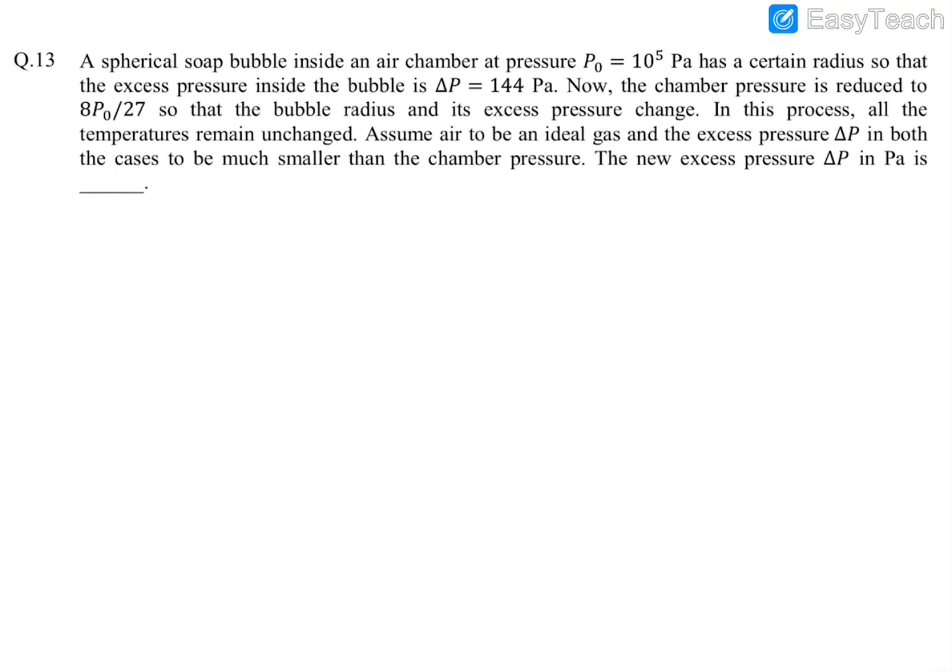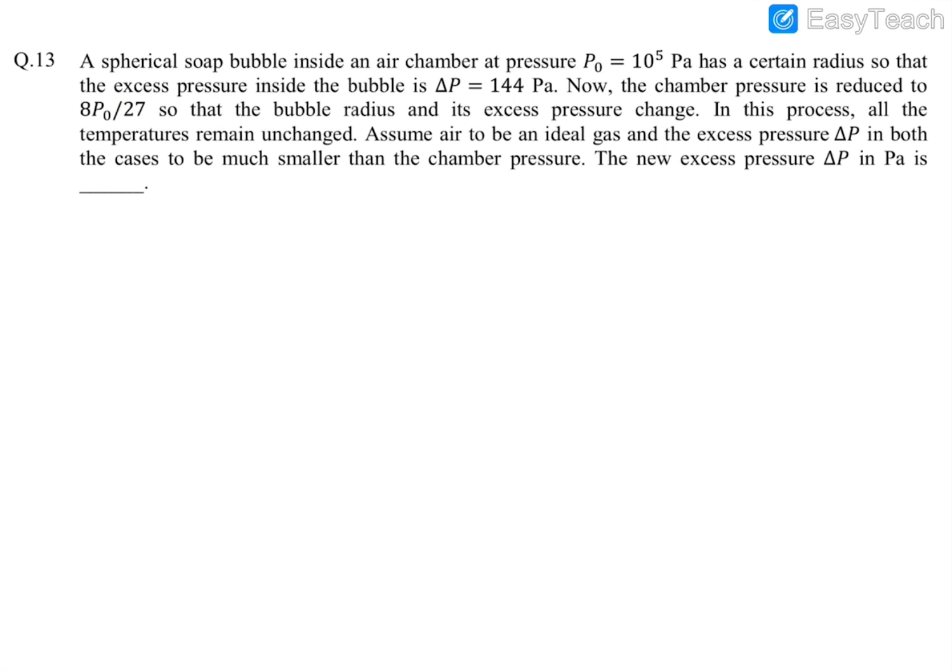In this question, you can see that there is a spherical soap bubble, and that bubble is inside a chamber in which the initial pressure was P naught, which is 10 to the power 5 pascals. At a certain radius of the bubble, the excess pressure inside that bubble is 144 pascals.